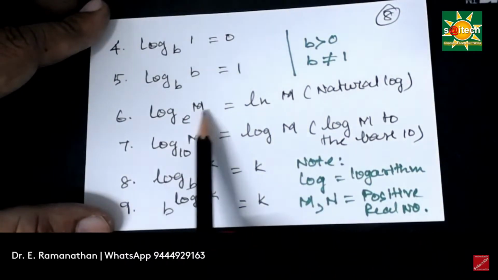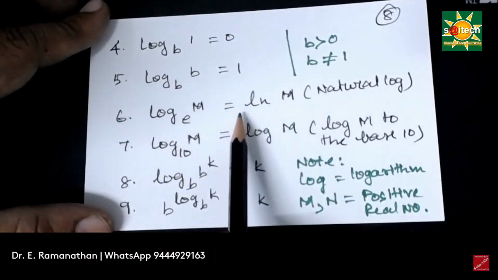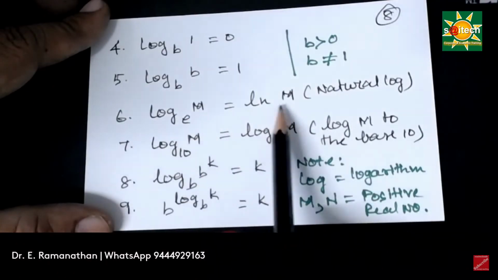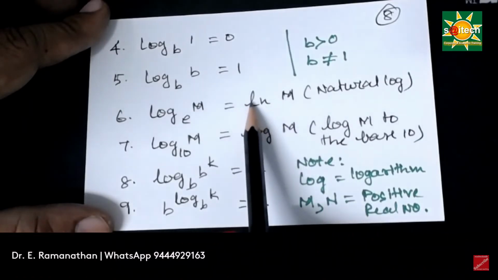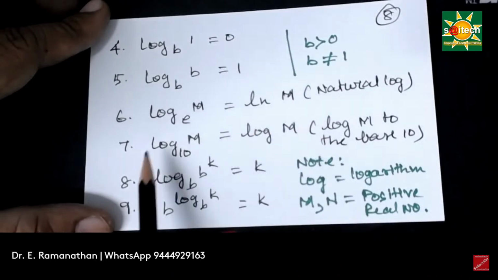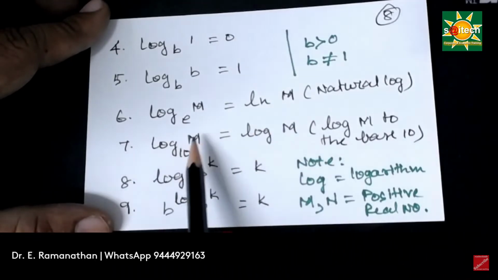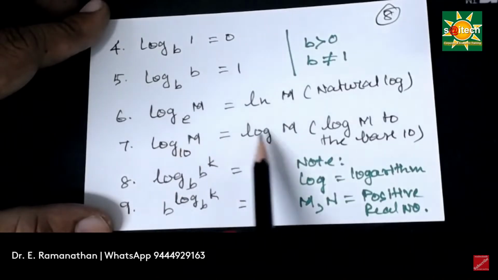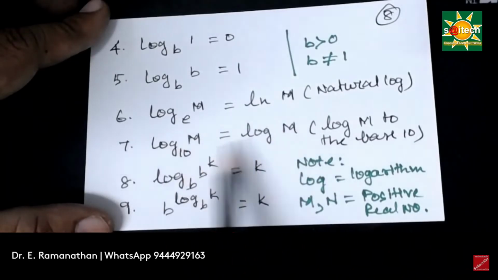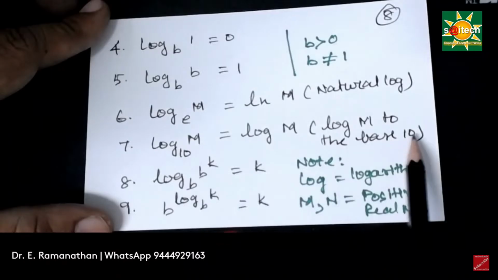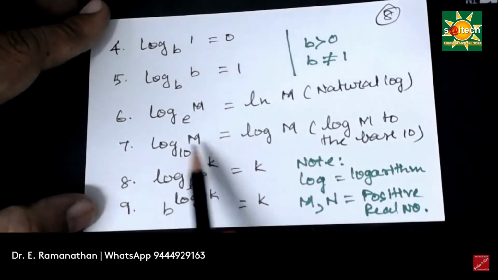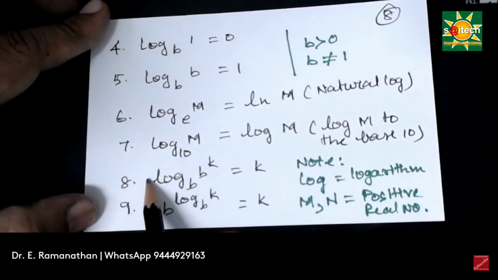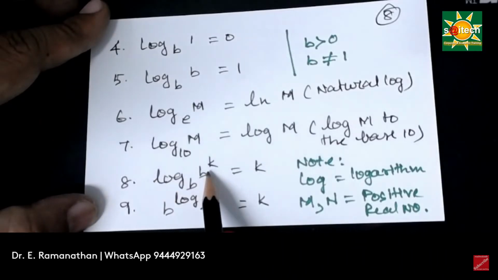Log m to the base e is called the natural log. It is represented as ln m. Log m to the base 10 is generally represented as log m, which is nothing but log m to the base 10. Log b power k to the base b is equal to, this k comes to the coefficient, so k into log b to the base b.